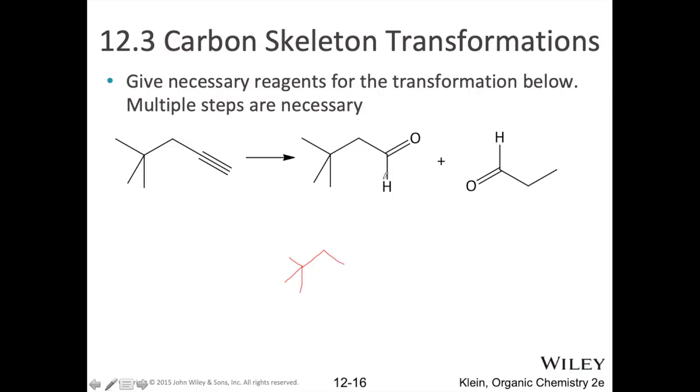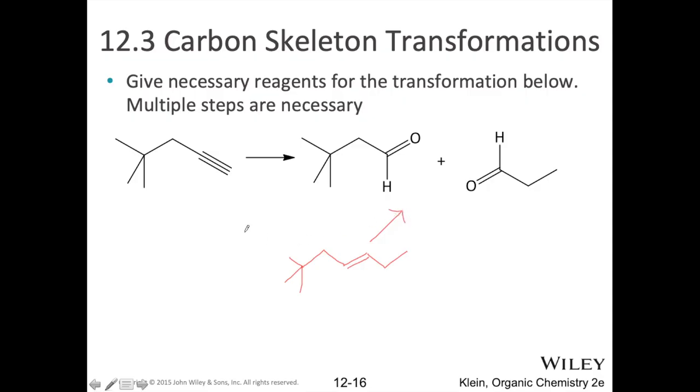Now remember, this carbon is connected to this carbon, so we have a double bond here. These were probably connected by an alkene, not an alkyne. If it were an alkyne, this would be a carboxylic acid and not an aldehyde or ketone. So this carbon was this carbon here, and this carbon is this carbon over here. We're going to continue on from there, so we've got an ethyl group coming off of that. That's our carbon backbone that led to these two products.